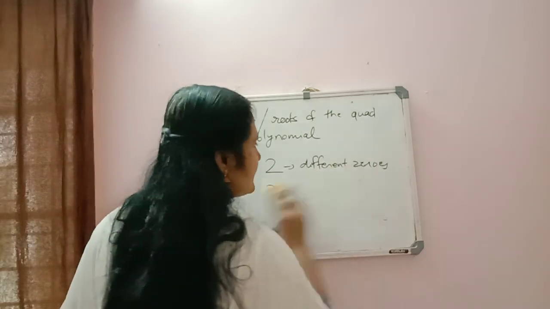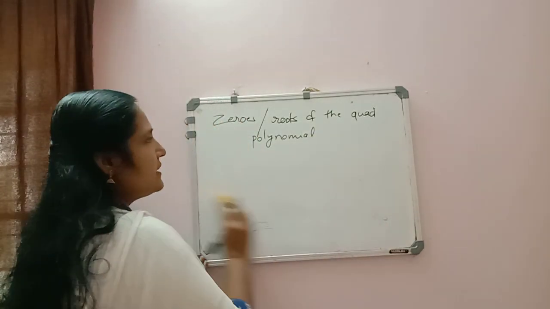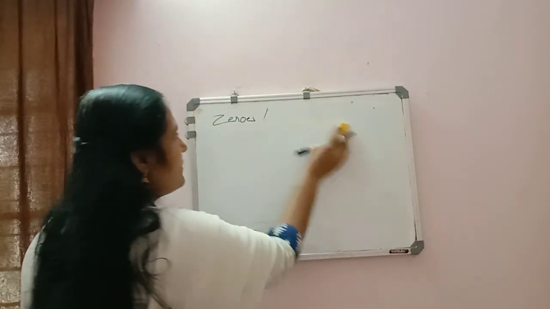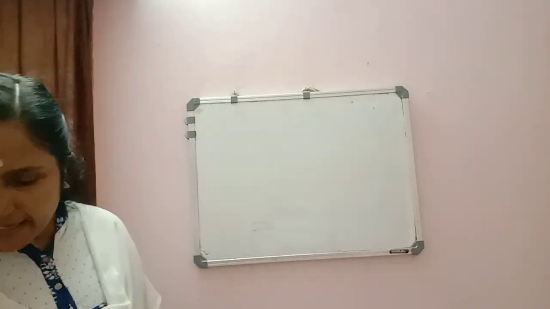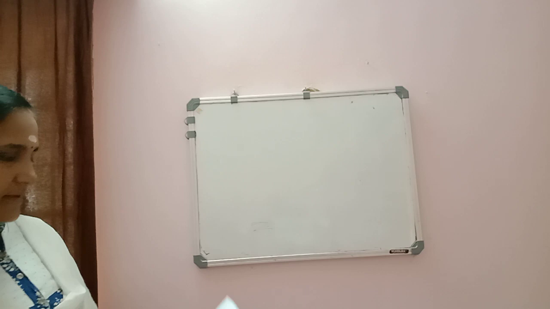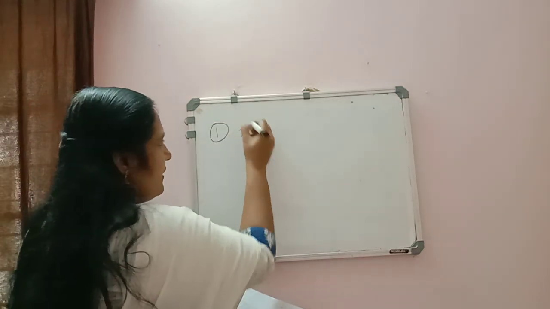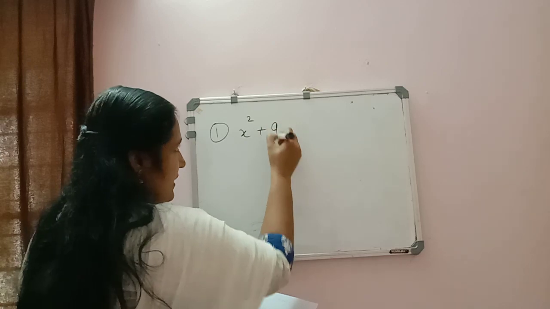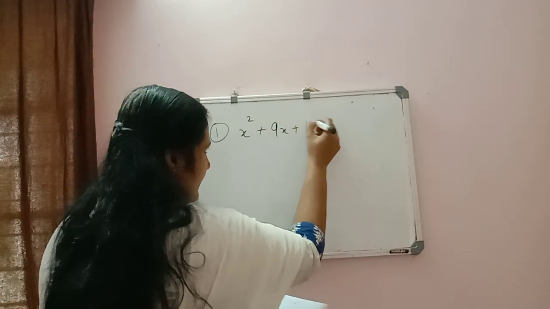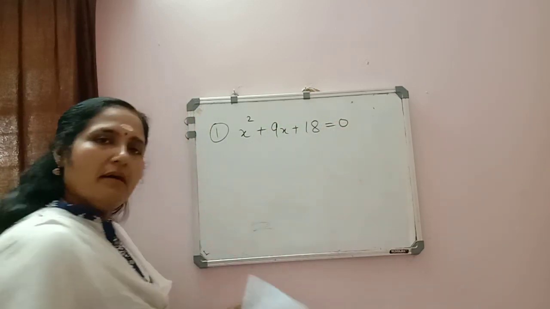So first we will discuss how to find the zeros or roots of the quadratic polynomial using the factorization method. So please note down the first one, x square plus 9x plus 18 equal to 0.